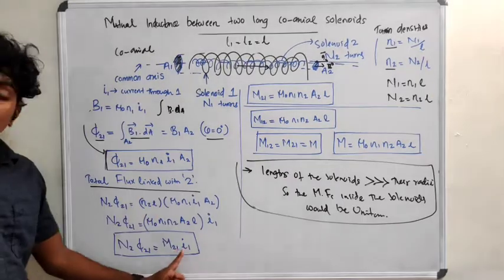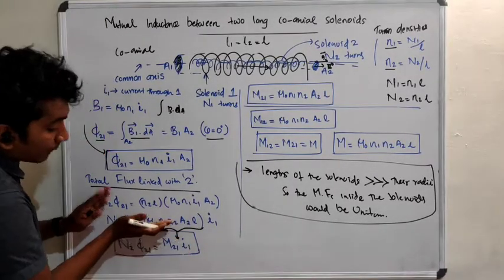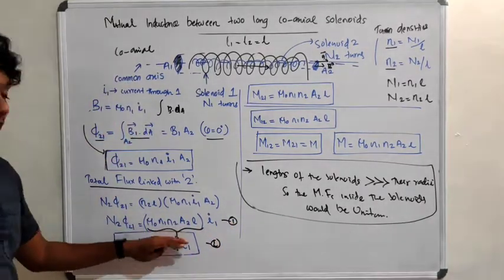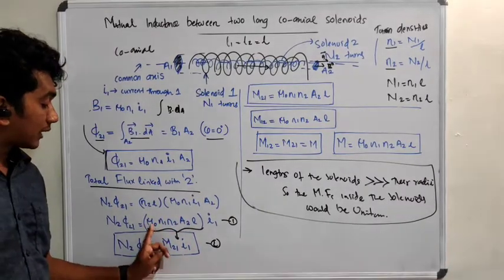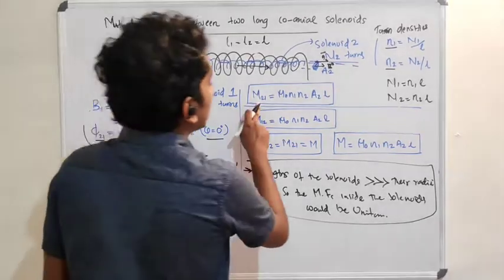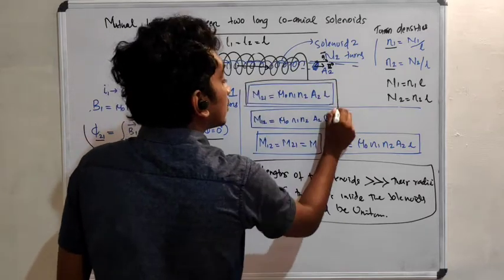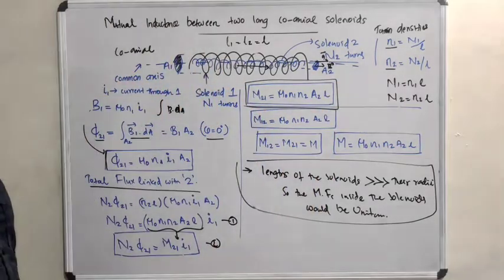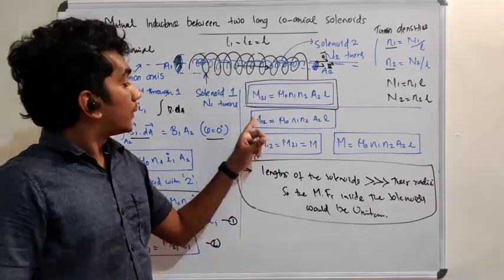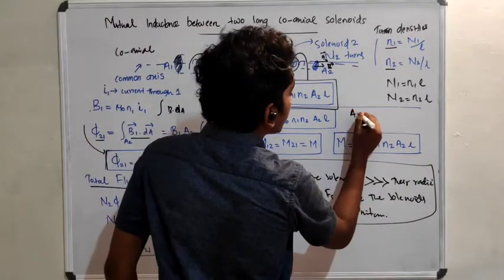When you compare these two equations, equation number 1 and equation number 2, we can write M21 is equal to mu 0 n1 n2 A2 L. This is the important equation for M21, the mutual inductance of the second solenoid with respect to the first one.